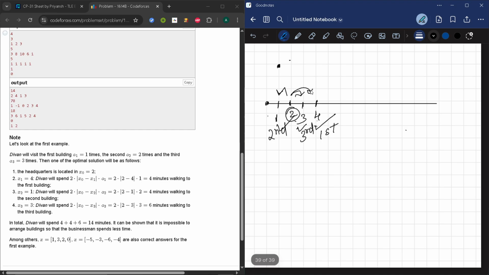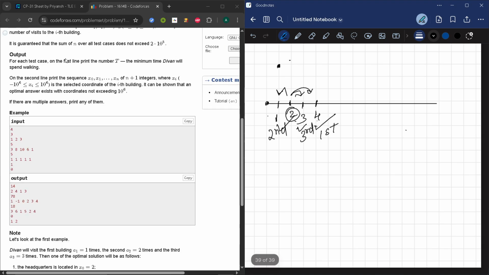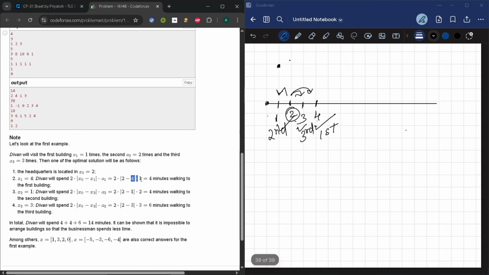You have to spend one time into ai. What is the distance? Minutes for walking. Okay, okay. Into one means he's going to that building one time, and into two tells that he's going to the building two times, and into three is three times. So he set the coordinate of the first building as 4.